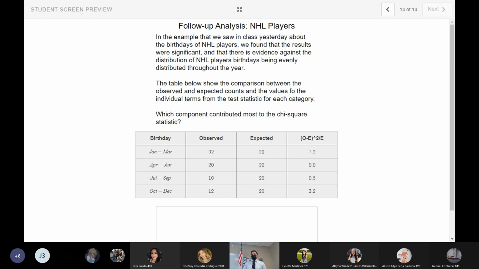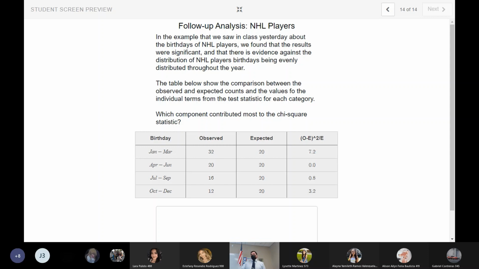We have our 4 categories of the 4 quarters of the year and how many NHL players were born in each of those quarters versus the expected, and then we have the observed minus expected squared divided by expected value for each of those components. Which component contributed most to the chi-square statistic? This is essentially just looking at the numbers. Which is the biggest number? We see that the largest number is the January through March value, 7.2. It's greater than the other 3.